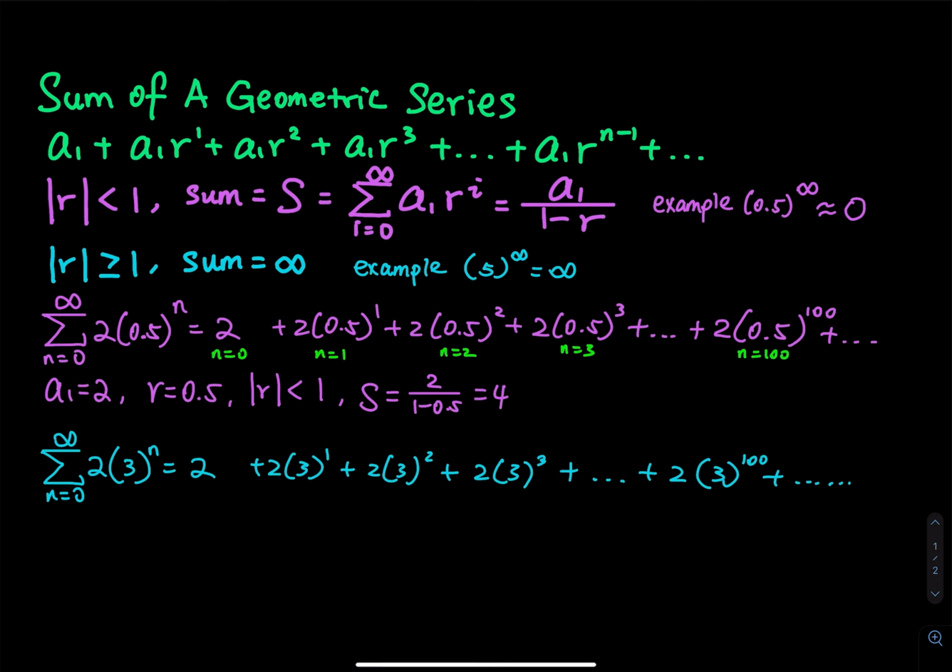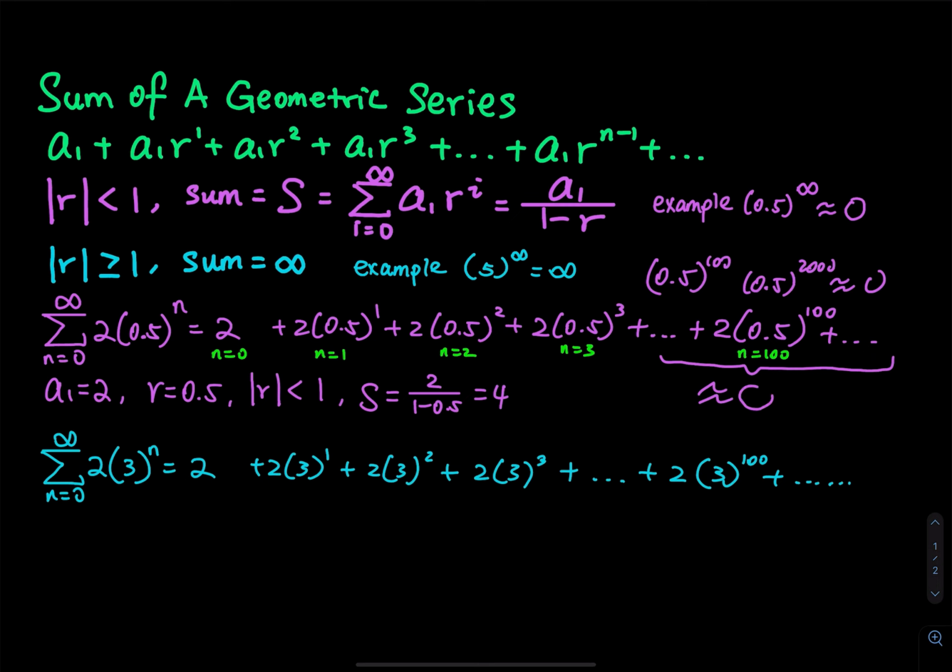And what happens when n is large? When n is very large, these terms are nearly 0. So 0.5 raised to infinity, when you raise that to 100, or 0.5 raised to 2000, these are nearly 0. So although you are adding up many numbers, these numbers are nearly 0.